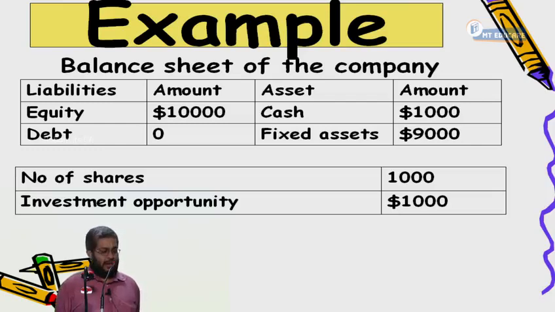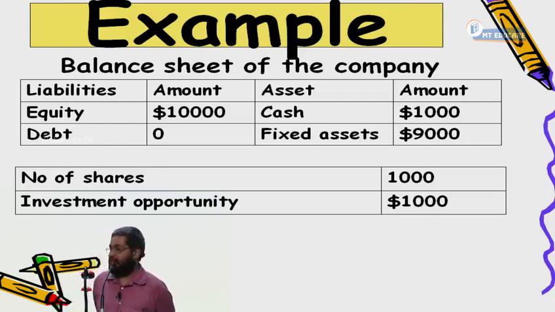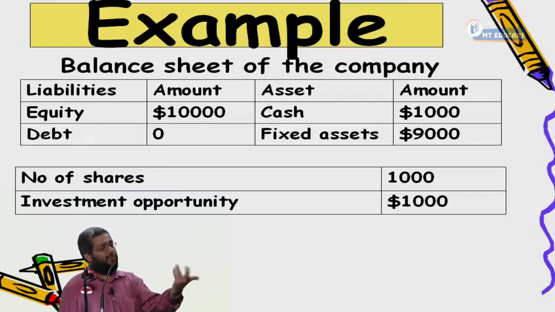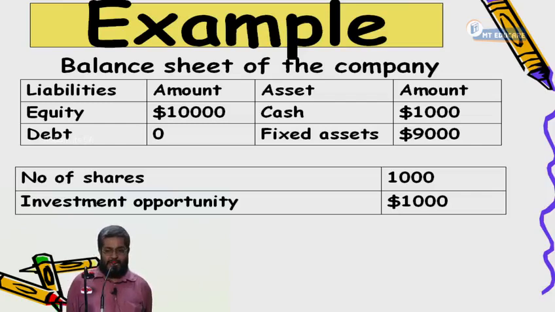In this example, it is today. Simply replace (1 plus ke) power 1 by (1 plus ke) power 0.